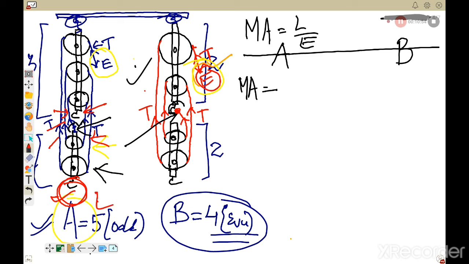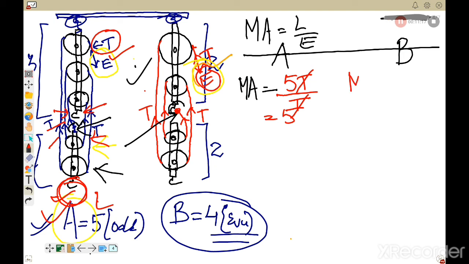Here 5. So I can write 5T. Understand? Divided by effort. Now this effort is balanced only by one tensional force, so that is T. All right. So T and T get cancelled and I get the mechanical advantage of the block and tackle of set A equals 5.